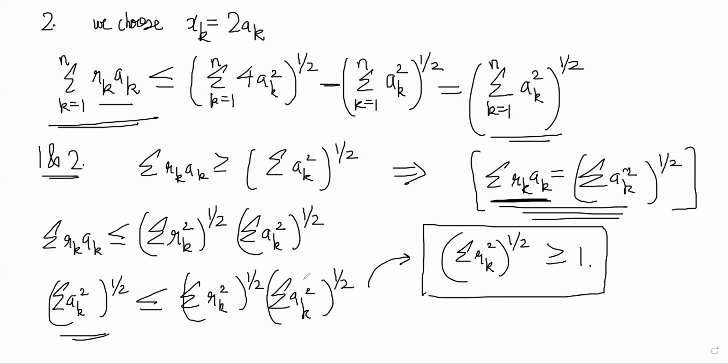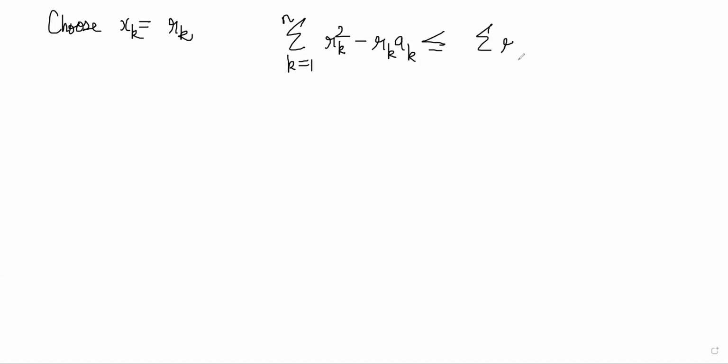Great. Now we go back to the original inequality and we choose xk to be equal to rk for k is equal to 1 to n. In this case, the original inequality gives us summation k goes from 1 to n rk square minus rk ak is less than equal to summation of rk square power half minus summation of ak square power half, right?